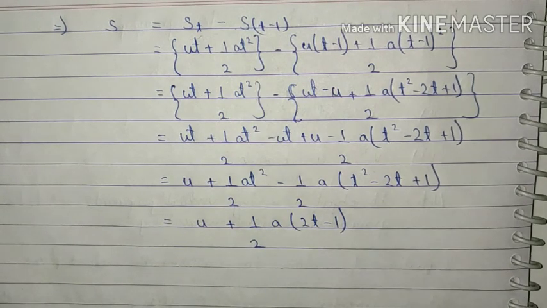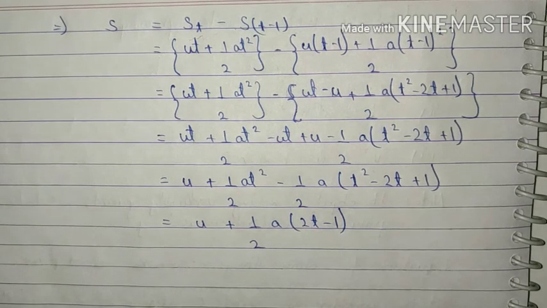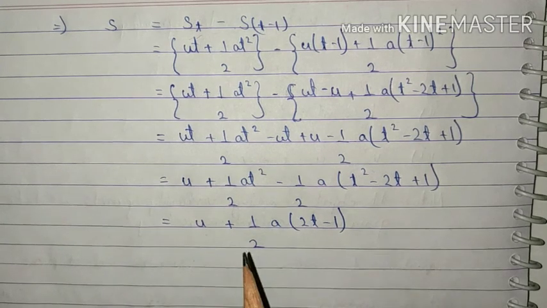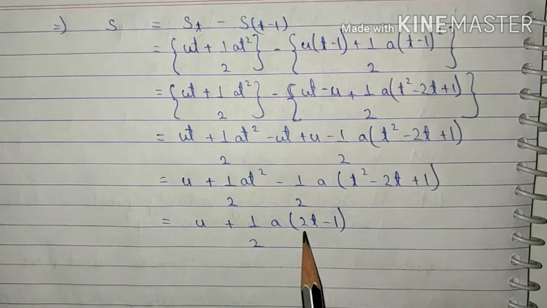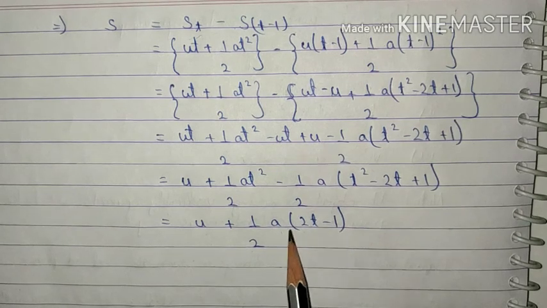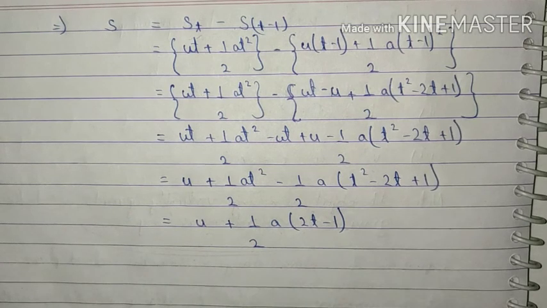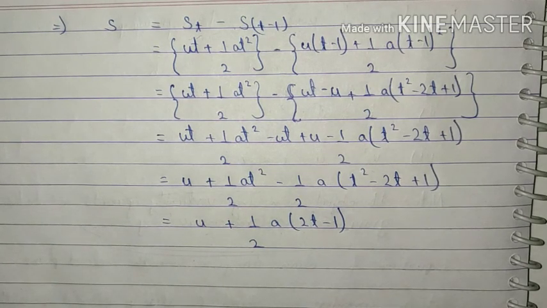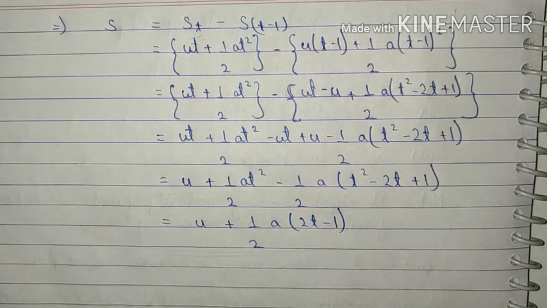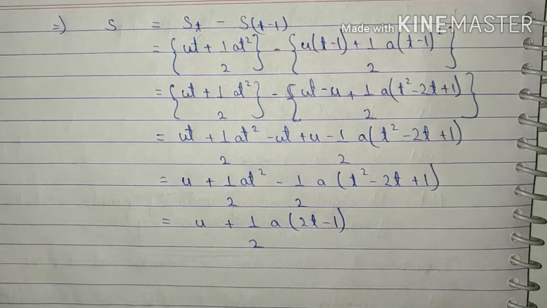Putting the values and solving it, we get u plus half a into 2t minus 1 inside the bracket. This equation gives us the formula to find the distance traveled by a body in the tth second. Here we end the chapter. Students, I am reminding you again, keep solving as many numericals as you can to have a better understanding of the concept.